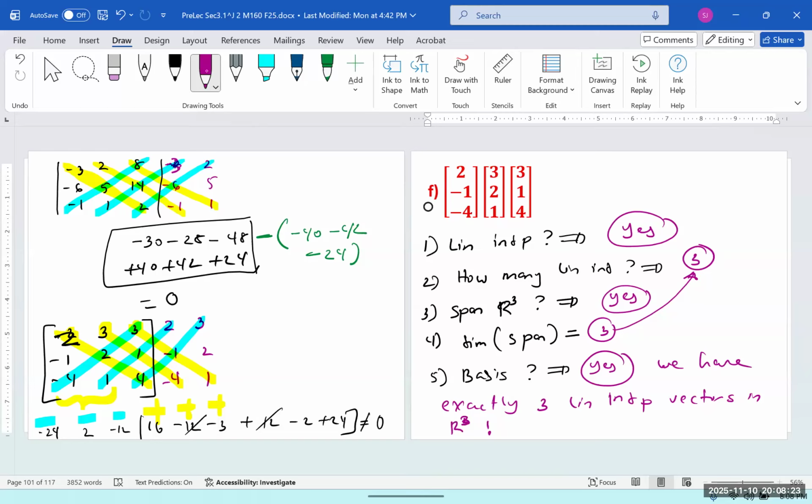The hardest part is 1 and 2. If 1 is yes, our life is easy. But if 1 is no, then you have to find out how many independent vectors. Any question on this one?